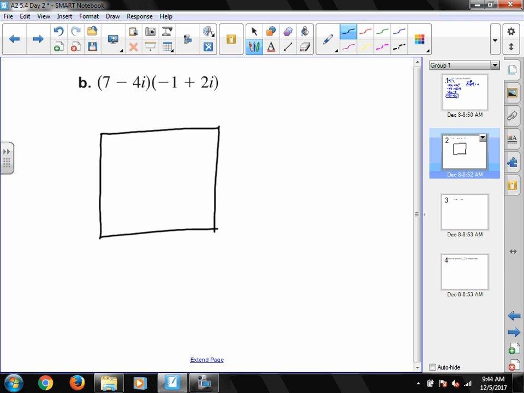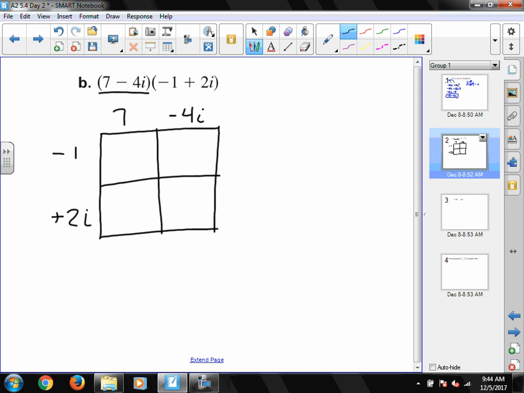On the top, and in this case it doesn't really matter, I'm going to put the first number that I have, my complex number, 7 minus 4i, and I'm going to put a line right in between there to separate those two terms. On the side, I'm going to put negative 1 plus 2i. Put another line in my box to separate those.